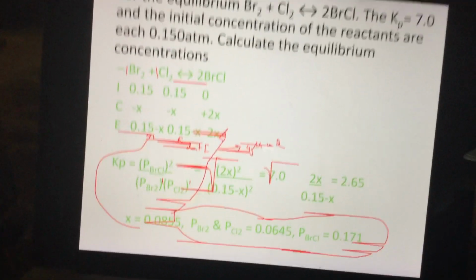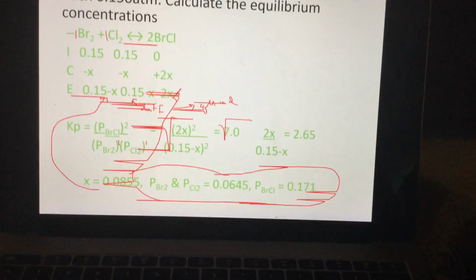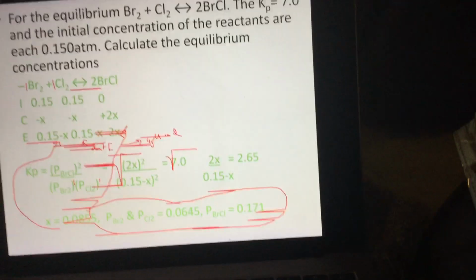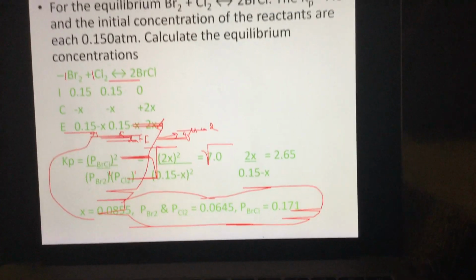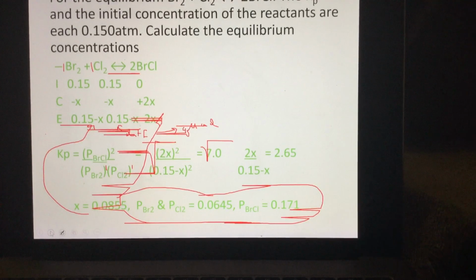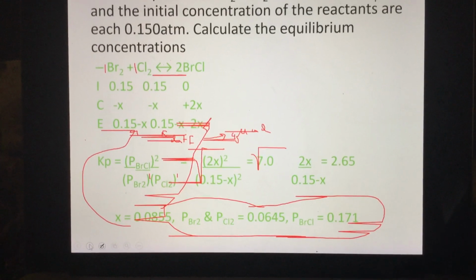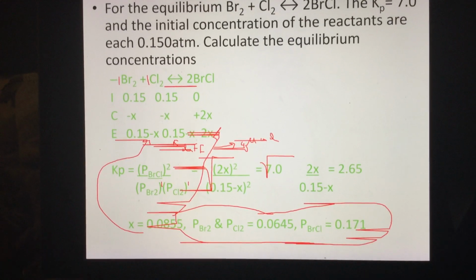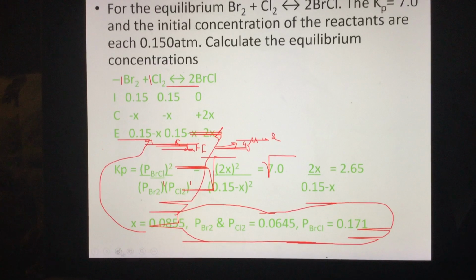And again, because both reactants had the exact same values for their equilibrium pressures, we could just take the square root of both sides, and that saves us from having to do the quadratic equation, which AP is getting away from making you use, but just be aware you may need to use it if you can't take the square root of both sides.